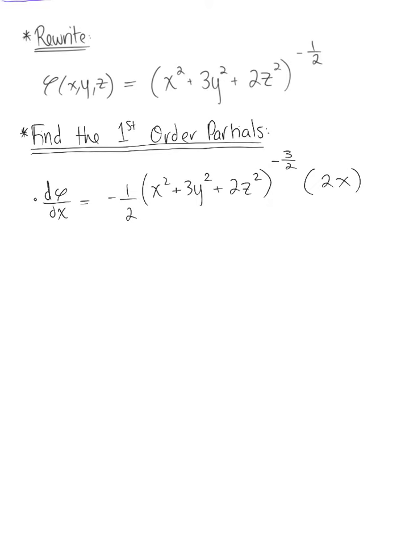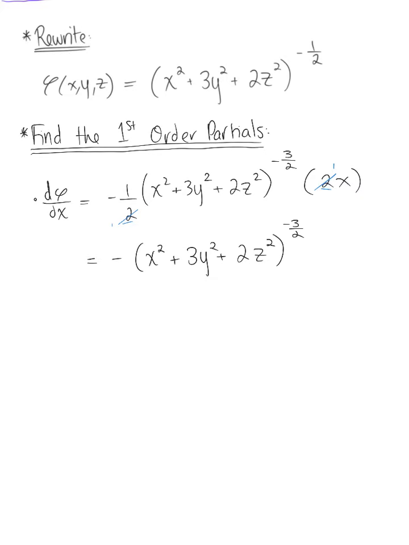And so we want to simplify a little bit here. We see we have the 2 in the numerator and 2 in the denominator will cancel each other out to 1, leaving us with minus x squared plus 3y squared plus 2z squared, and that's all raised to the negative 3/2.